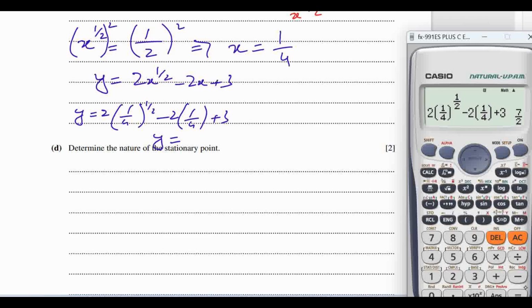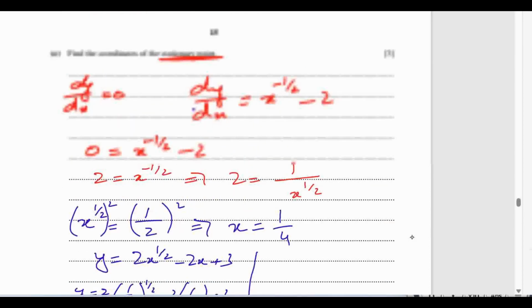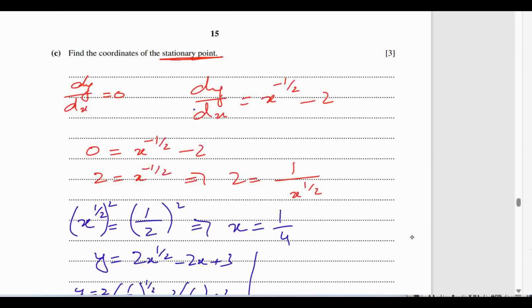This will be equals to 7 by 2. So finally we can see that we have to find the coordinates of the stationary point.